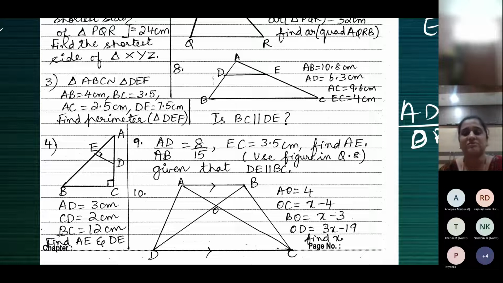The diagonals of a trapezium divide each other proportionally. AO by OC is equal to BO by OD.